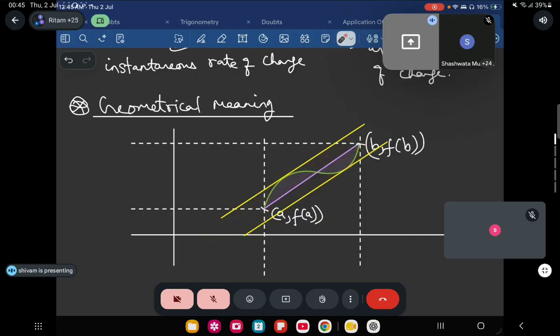So what I'm saying is that there exists at least one point on the curve between A and B such that the instantaneous rate of change will be equal to the average rate of change. It means the slope of the tangent at that point will be equal to the slope of this whole chord.